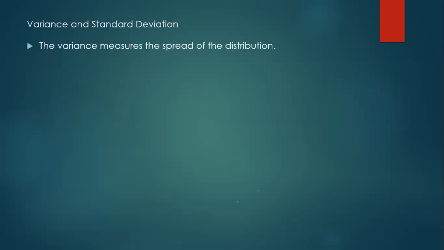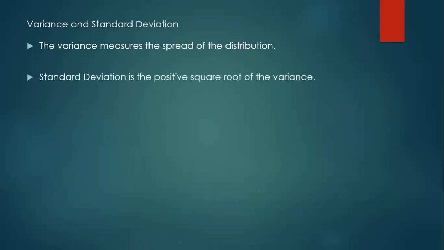All right, now we're looking at the variance and standard deviation. So once you calculate a variance, you can always get a standard deviation because your standard deviation is just the square root of your variance. So the variance measures the spread of the distribution, and the standard deviation is a positive square root of the variance.